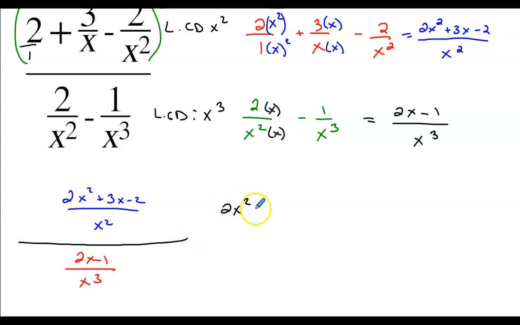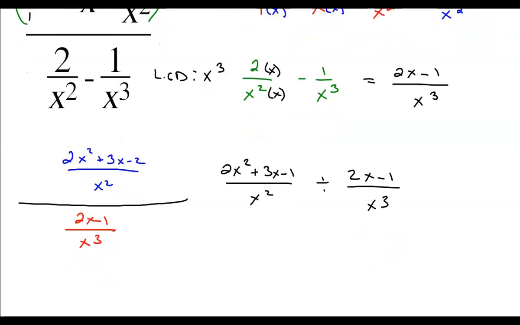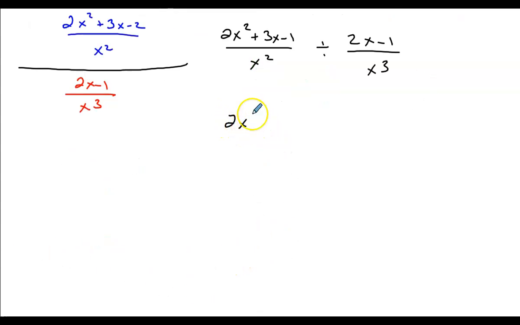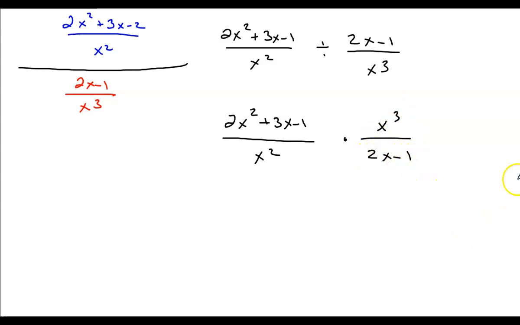And again, all that means is you take the numerator, and you divide it by your denominator. Division implies multiplication when you do a keep change flip. So 2x squared plus 3x minus 2 all over x squared times x cubed over 2x minus 1.